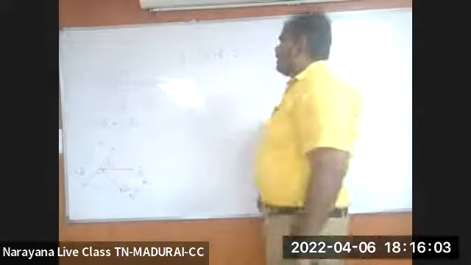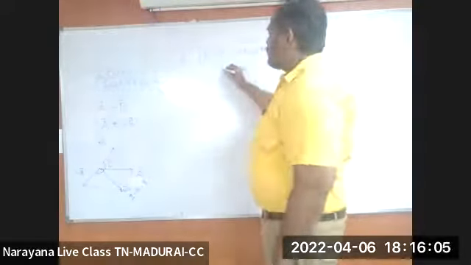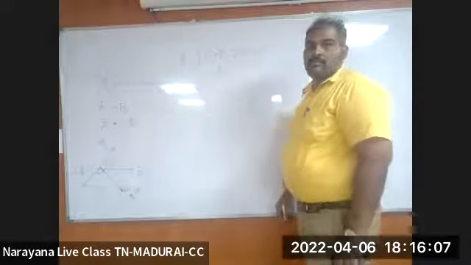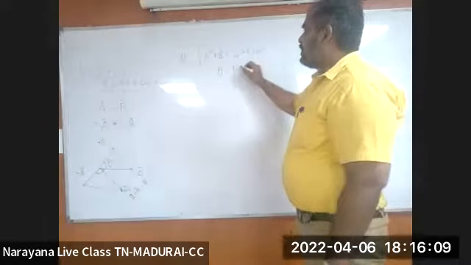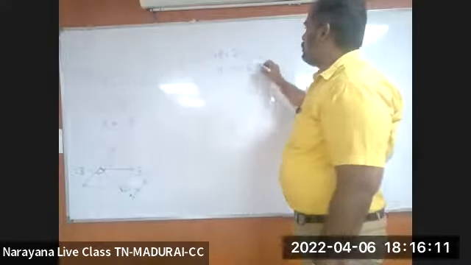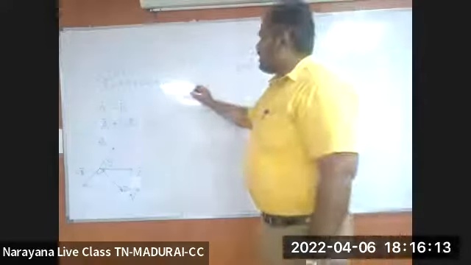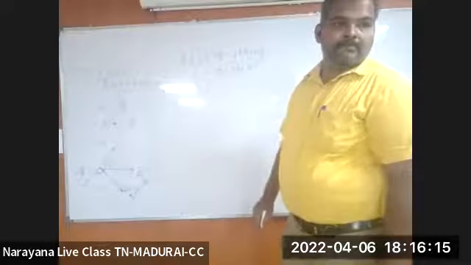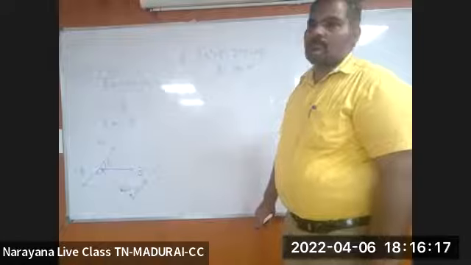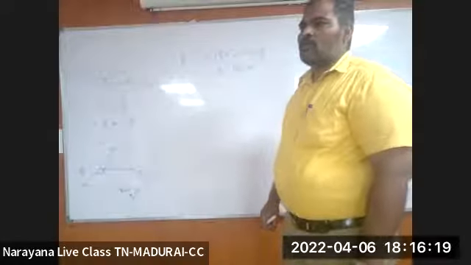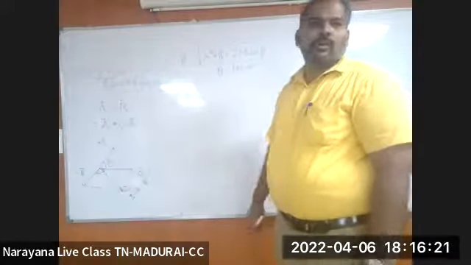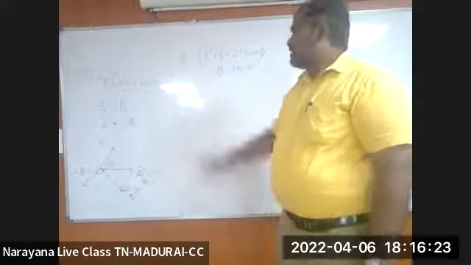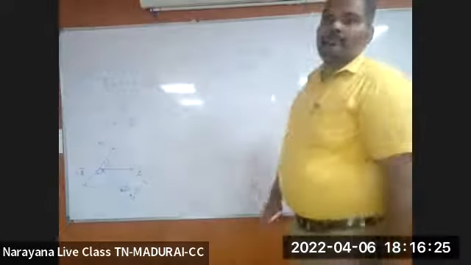Understood? But in the place of theta, what do I have to use? Very good, 180 minus theta. So substitute that. Here B vector is minus B vector. So that will be minus plus 2AB, minus 2AB. No, magnitude only you have to consider. This is the magnitude expression, no?